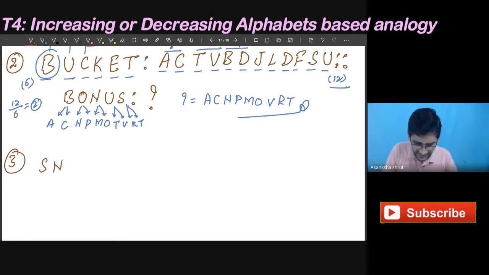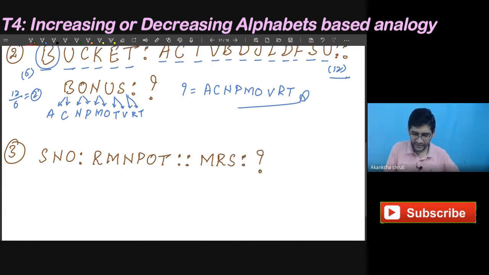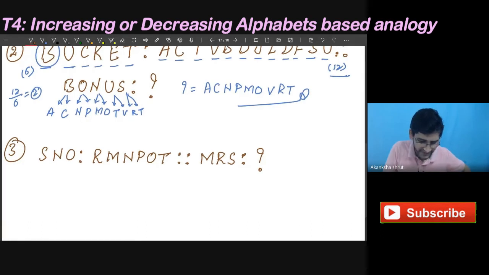Other one, SNOH2 is to RMNPOK. Then for MRS is to what? Yeah, do it. Here again we are observing the characters given 1, 2, 3, and the other part of this first pair 1, 2, 3, 4, 5, 6. So 6 by 3 we are getting it each being double. One is producing the 2.